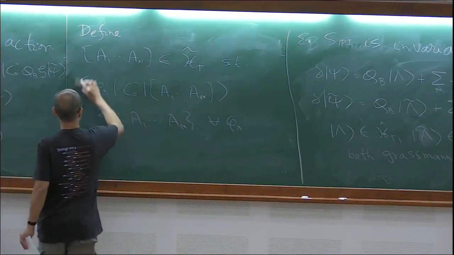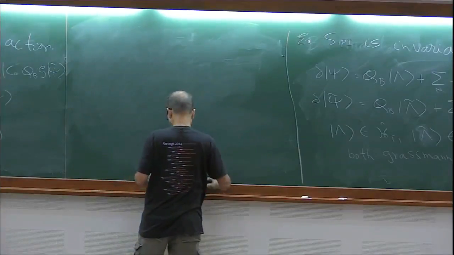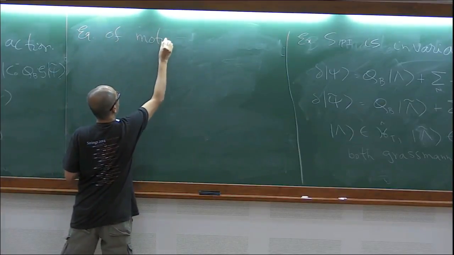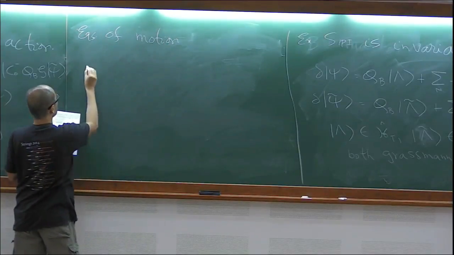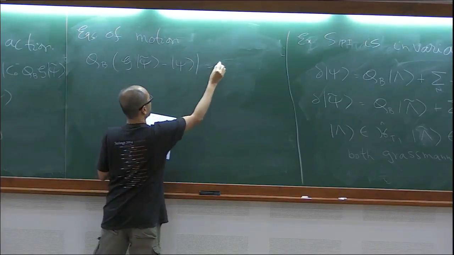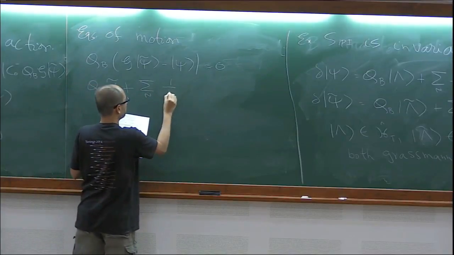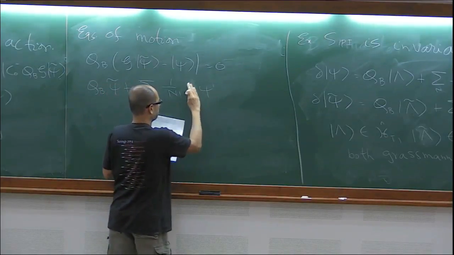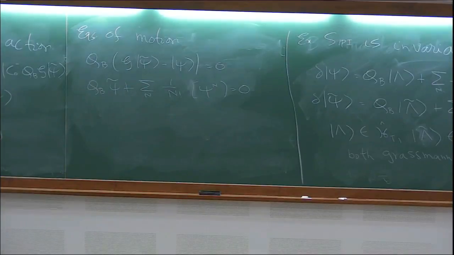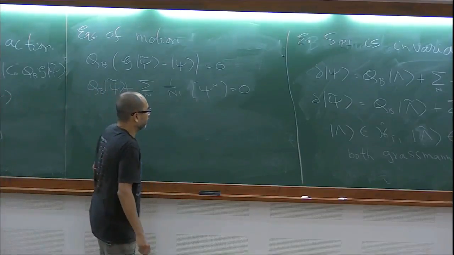Okay, I'll also write down the equations of motion. These are very similar to what we had for the BV master action, except that we have this structure.